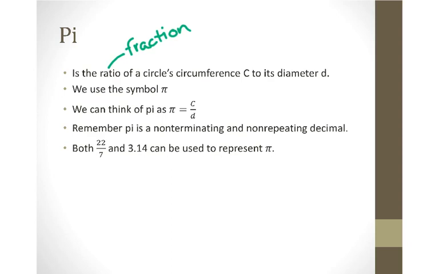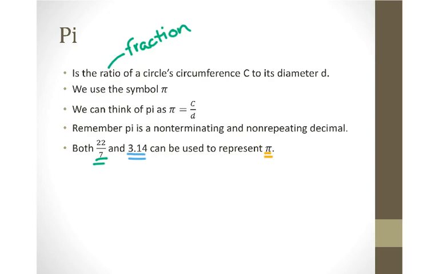And these are two important pieces for you to know, is that both 22/7 and 3.14 can be used to represent pi. Now, I'm going to tell you it's important to be able to know how to use both when solving these problems, because sometimes I'll tell you guys to use 3.14, sometimes I'll tell you guys to use 22/7, and then sometimes even on your calculators, I'll tell you to use the pi symbol.